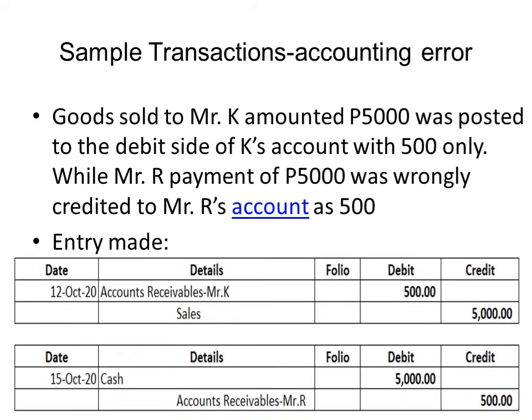We debit the account of Mr. K, accounts receivable Mr. K only 500, and sales was correct. Whereas for Mr. R, cash was 5,000, correct, although it was not stated in the problem, and then accounts receivable Mr. R only 500. If you put the debit and credit, they are still balanced. But if you further analyze, the auditor would be able to see that there is an error if you do the tracing and vouching.